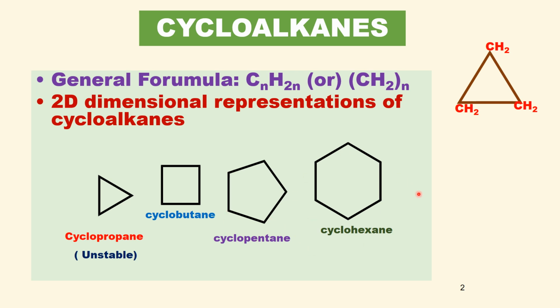Cycloheptane, cyclooctane, they do not exist. Okay, why? How is Baeyer's strain theory used to explain the non-existence and stability of cycloalkanes?